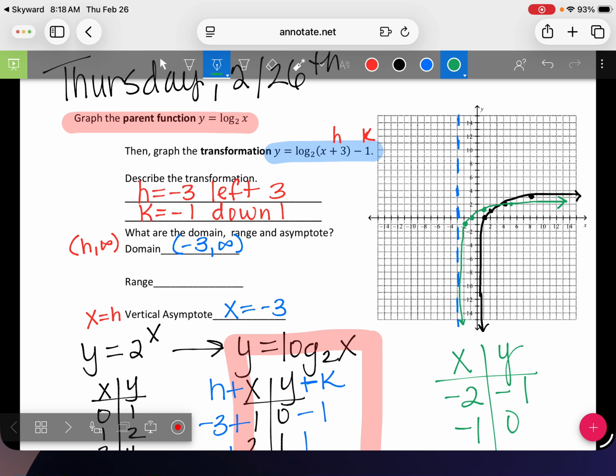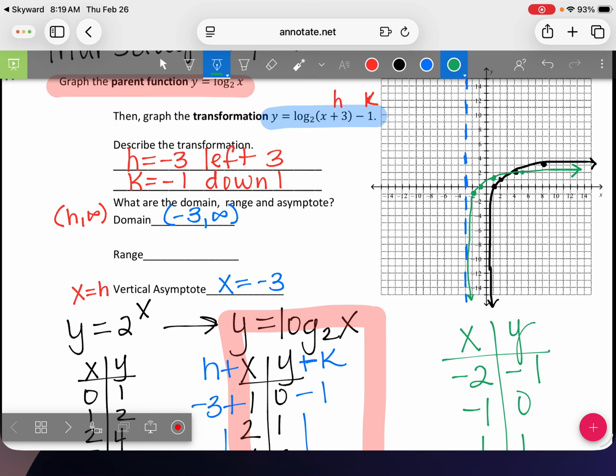All right, so this is what I got for my graph. All right, and the last thing to keep in mind about logs is that this will always be your range, just never changes.